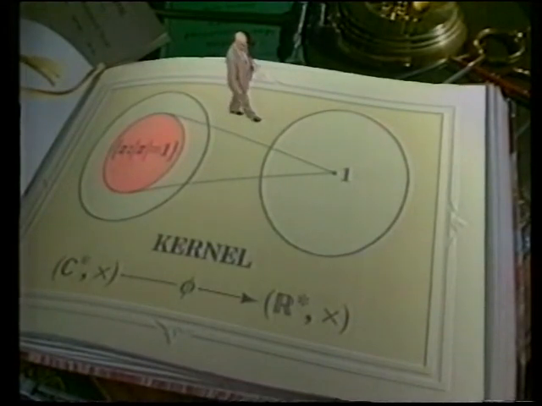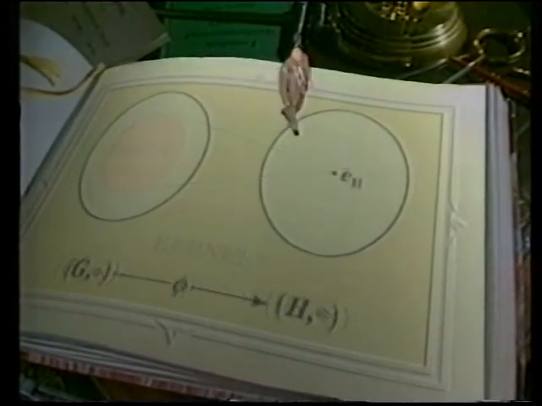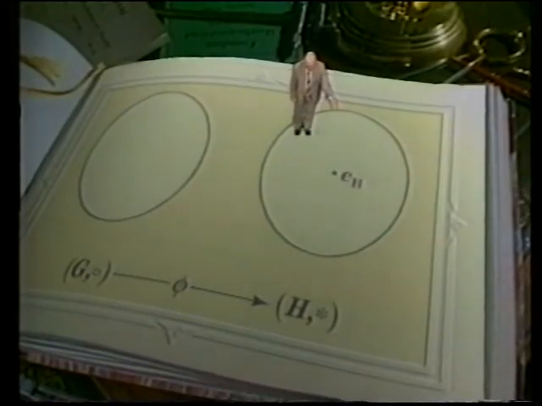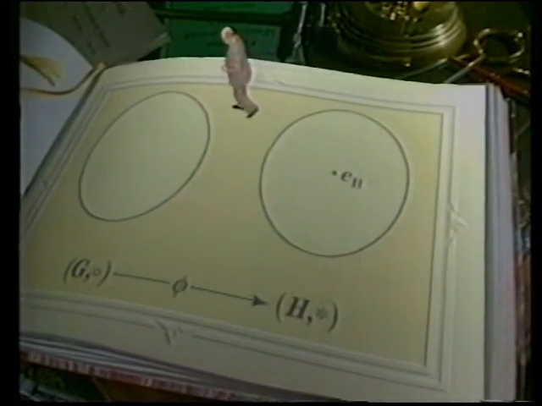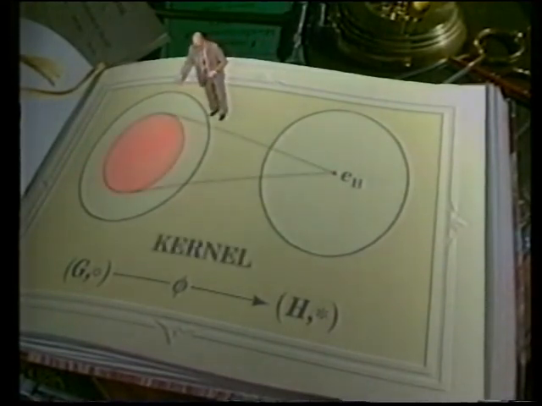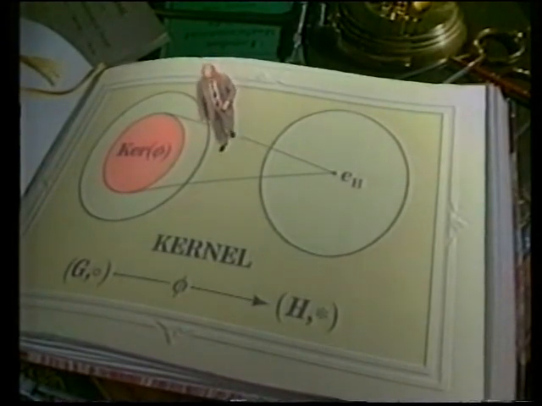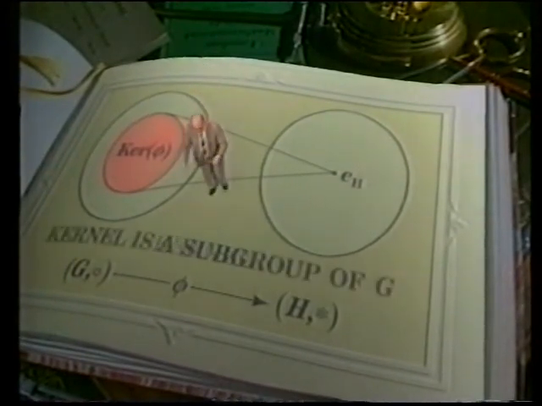And in general, we define the kernel as follows. First, take the identity element in H. Then the kernel of the homomorphism is the set of all elements in G which map to the identity. And we write it like this. It turns out that the kernel is always a subgroup of G.